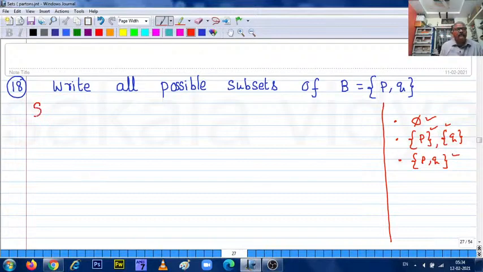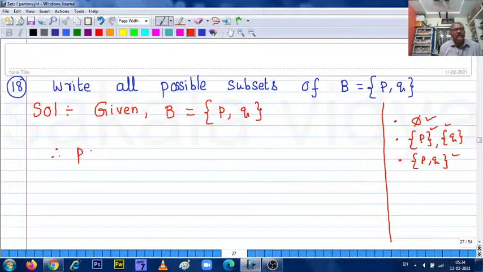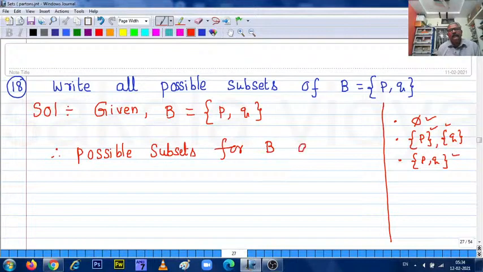So now the solution. Given set is B equals P, Q. Therefore the possible subsets for B are: first one is the null set.